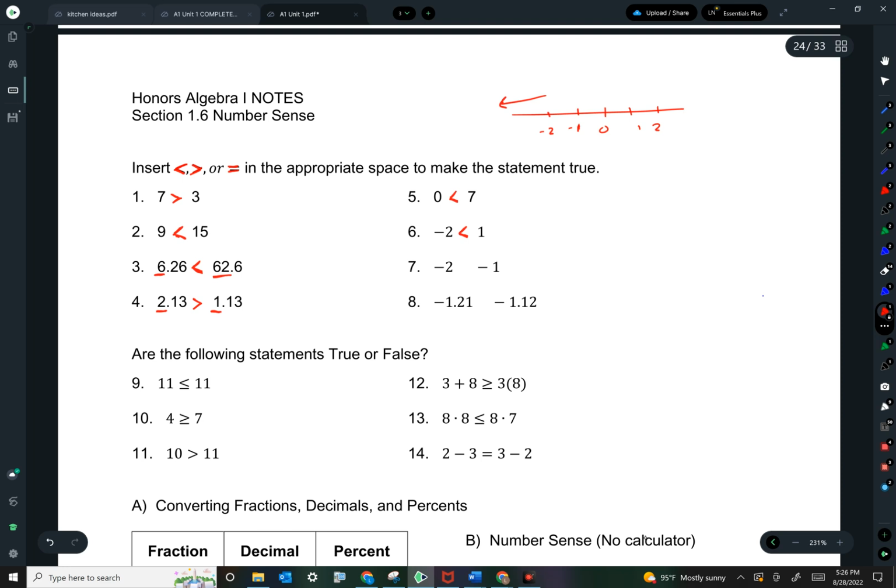So negative 1.2 is going to be farther to the left than negative 1.1. Negatives are kind of the opposite of positives. The higher the number, if it's negative, the actual value is smaller. So in this case, negative 1.2 is smaller than negative 1.1.